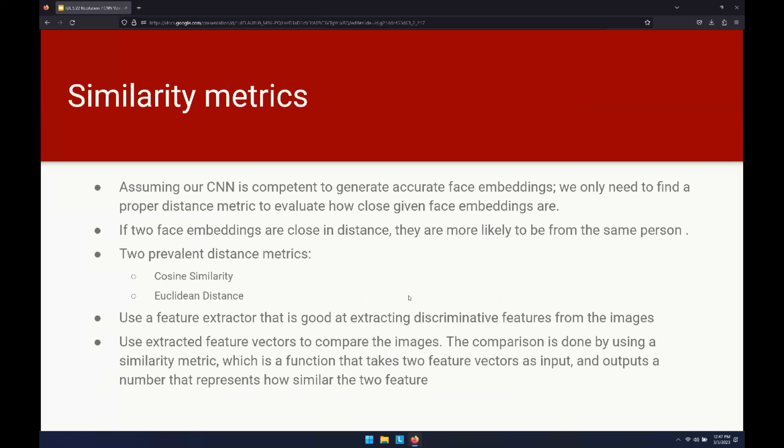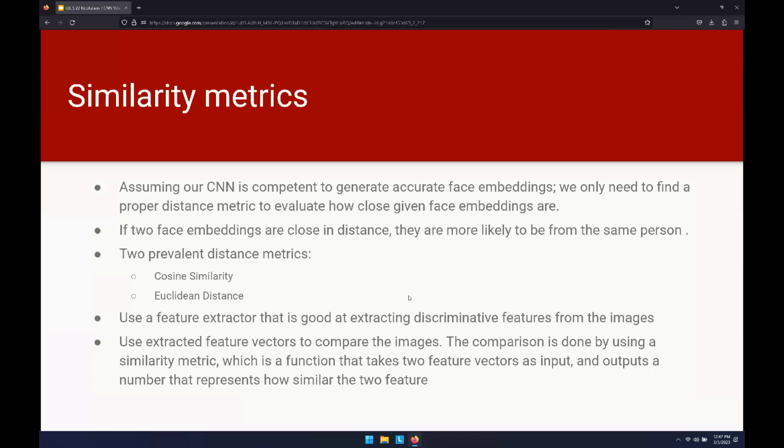Right, so similarity metrics. Like Prakriti defined before, you could use the features from the classification task itself, or as I explained before, you could put in a separate layer or put in other fancy losses in front to do that.